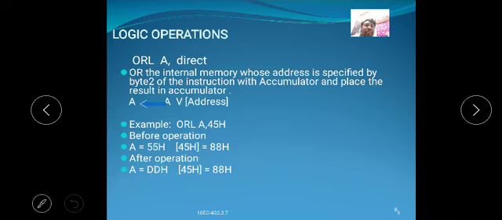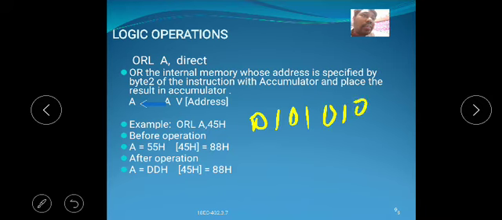For the OR operation, you have to convert the accumulator A register value 55 into binary. 55 is 0 1 0 1 0 1 0 1. 88 is 1 0 0 0 1 0 0 0.